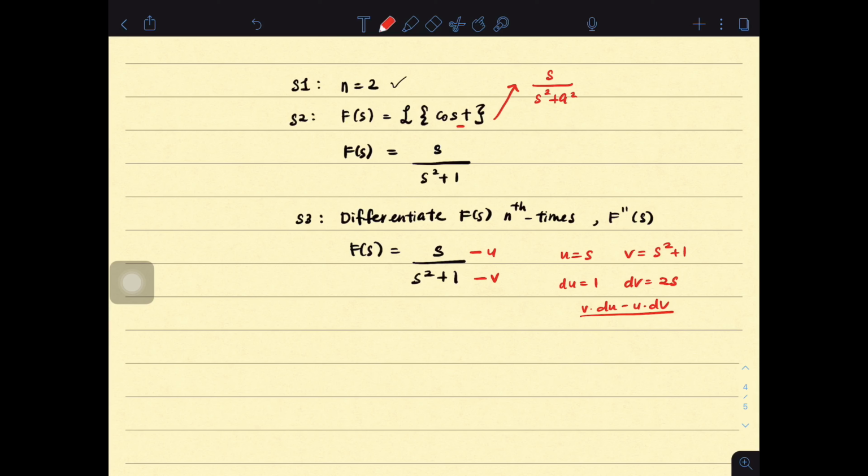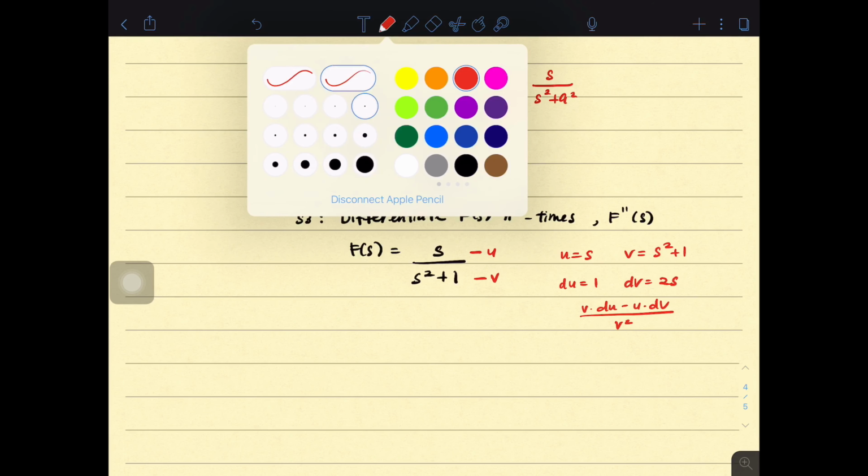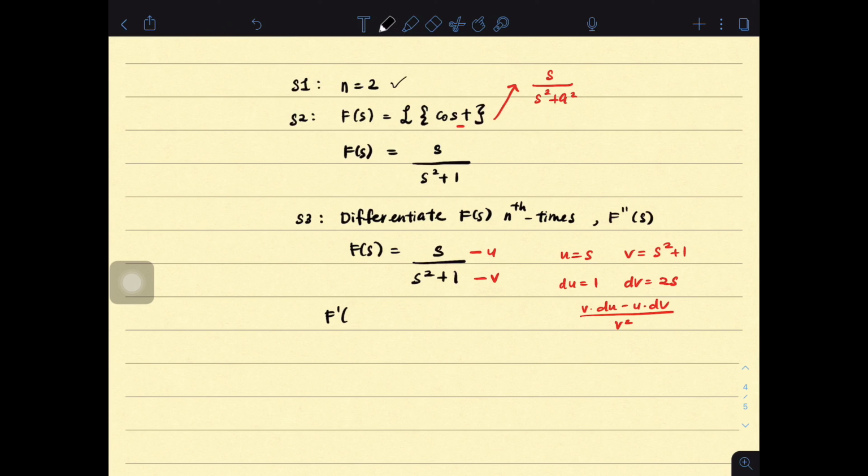Okay, divided by v squared. Alright, now guys, let's write our f prime of s here. So v times du, we have v times du, (s squared plus 1) times 1, minus u times dv, so s times 2s is 2s squared, over v squared, so (s squared plus 1) squared.